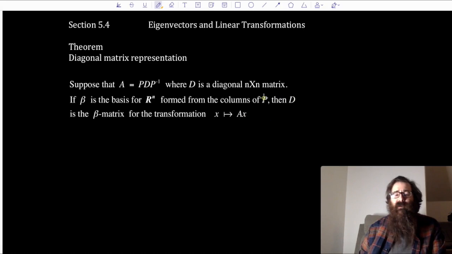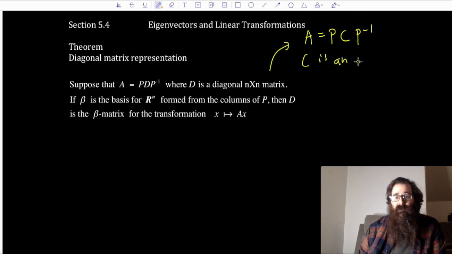Now, there's actually a clarification that I want to make here. We could say the same thing, really, about some non-diagonal matrix. So I could make the following critique. I could say, suppose that A is equal to P times C times P inverse, where C is just an n by n matrix, not necessarily a diagonal matrix.